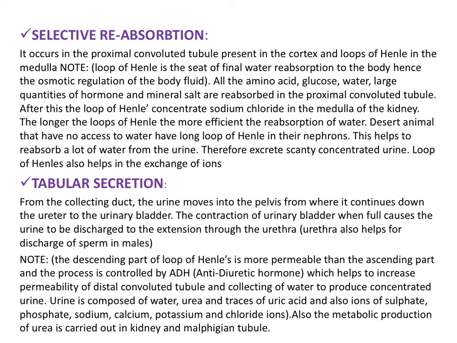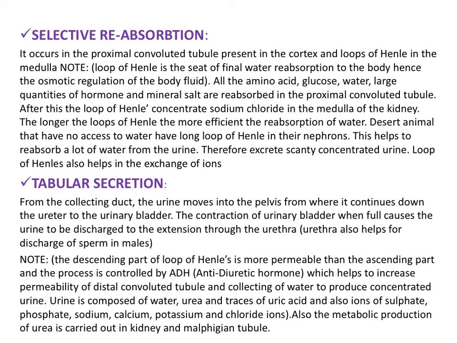All the amino acids, glucose, water, large quantities of hormones and mineral salts are reabsorbed in the proximal convoluted tubule. After this, the loop of Henle concentrates sodium chloride in the medulla of the kidney.